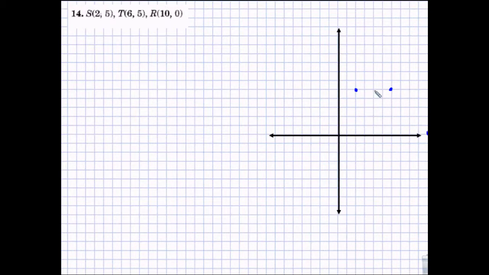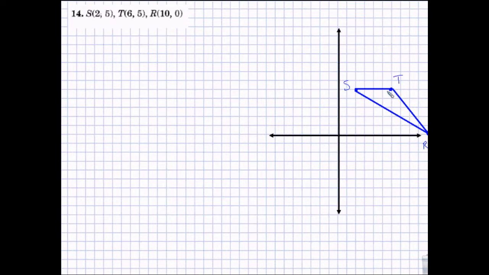Right there. Okay, draw our triangle. This was S, T, and down here is R. Right.